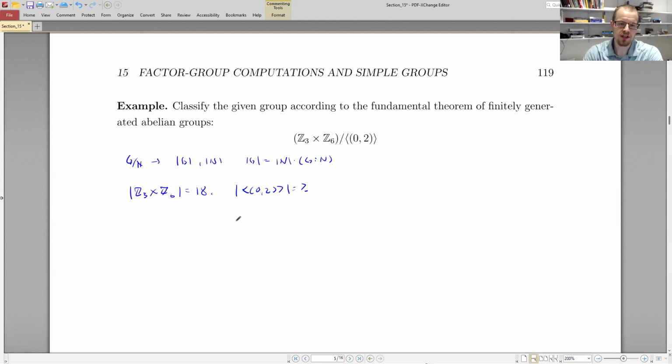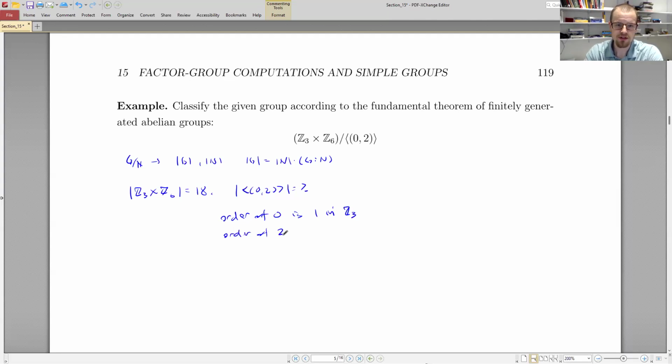The order of 0 is 1 in Z3. 0 is in that first entry, so 0 is the identity already.